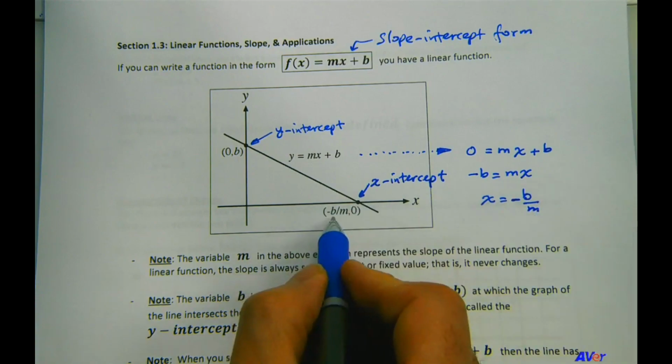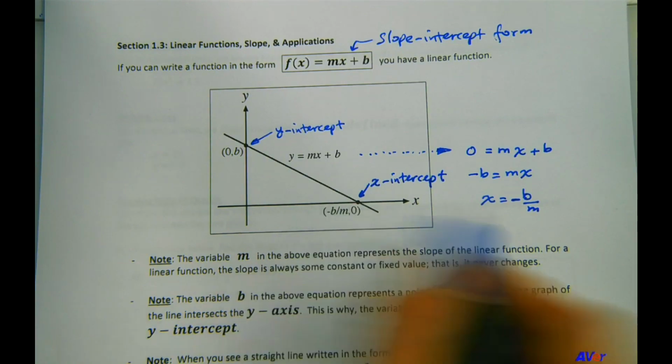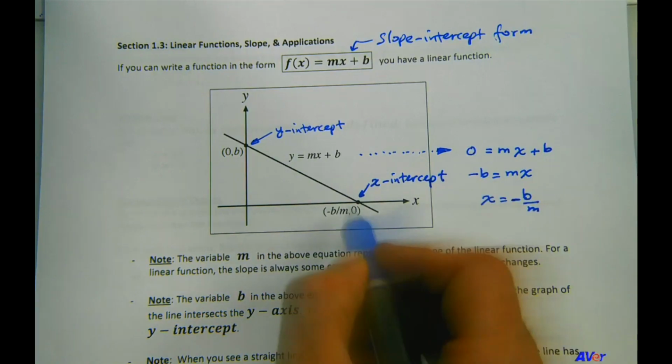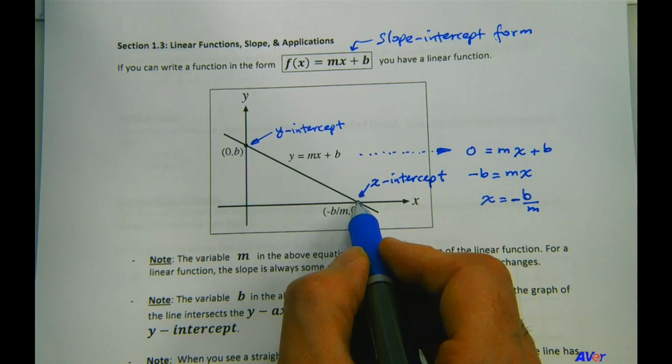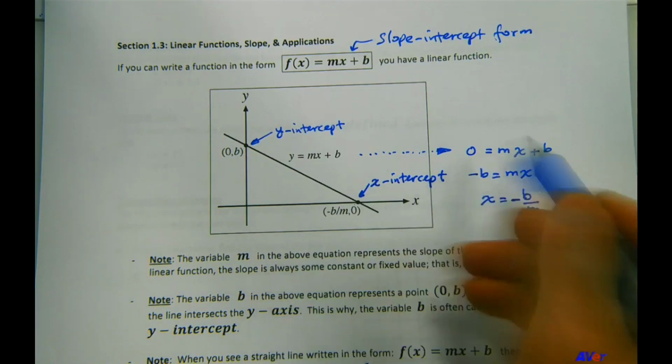And that's what you see here, minus b over m comma 0, because that minus b over m represents this x value. And of course, because that point is on the x-axis, it is considered an x-intercept for which the y value is equal to 0. Okay?